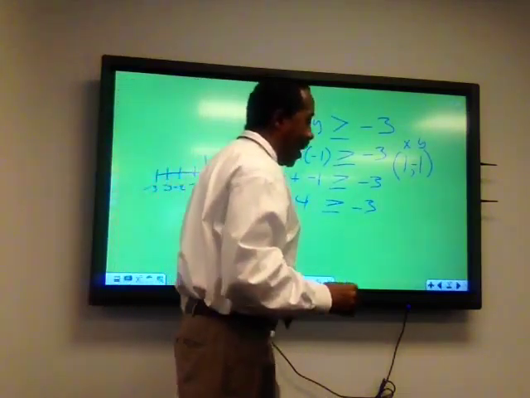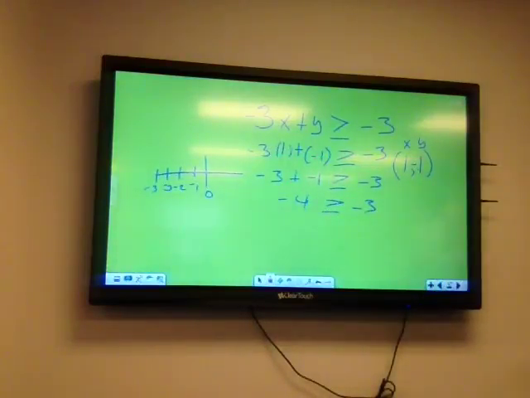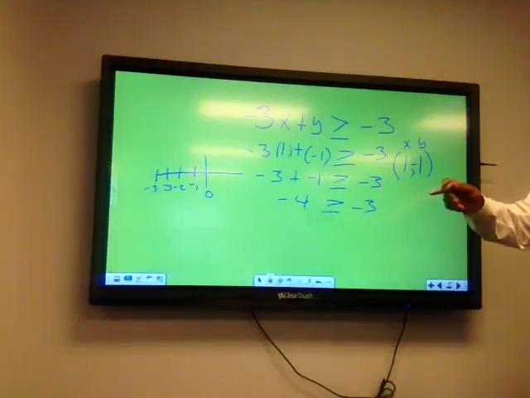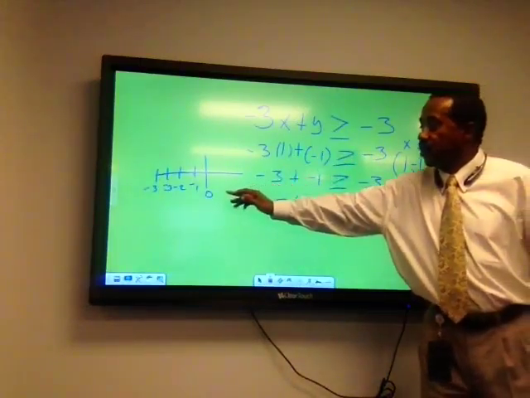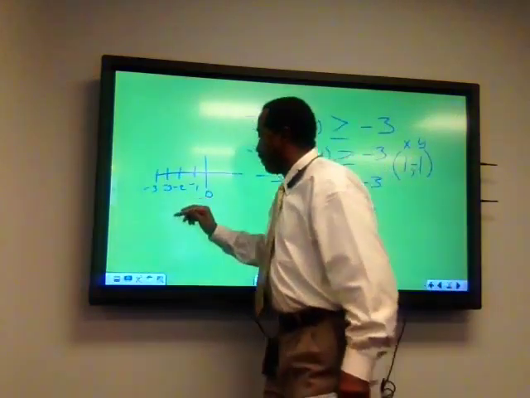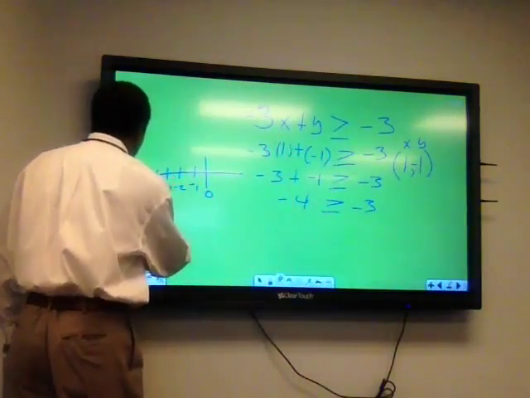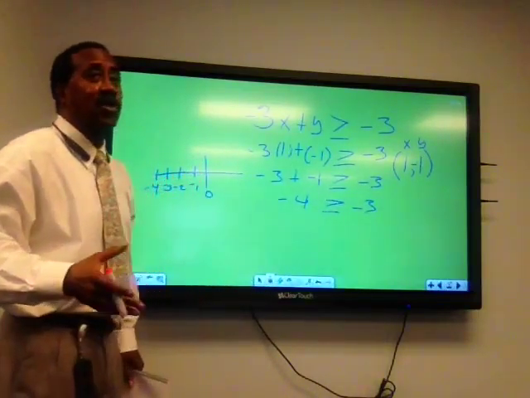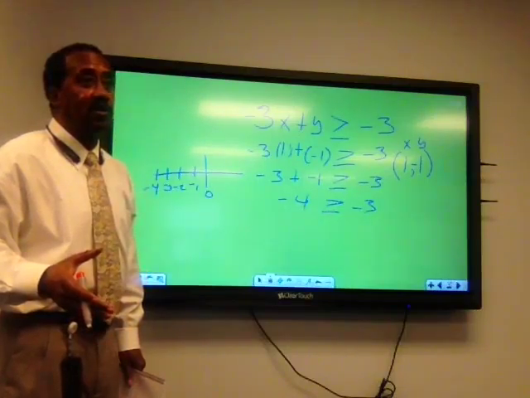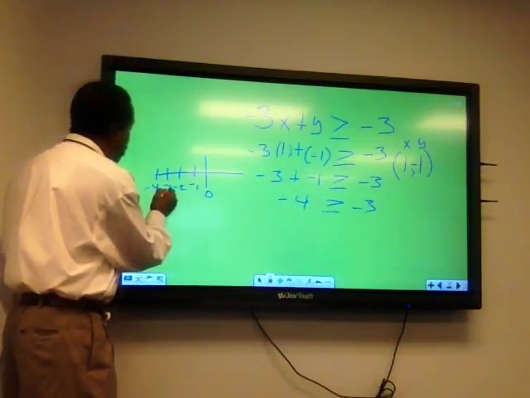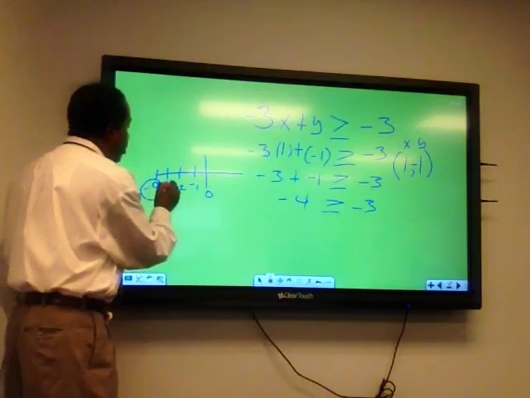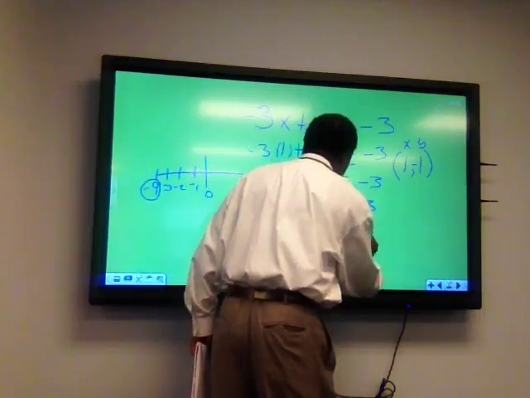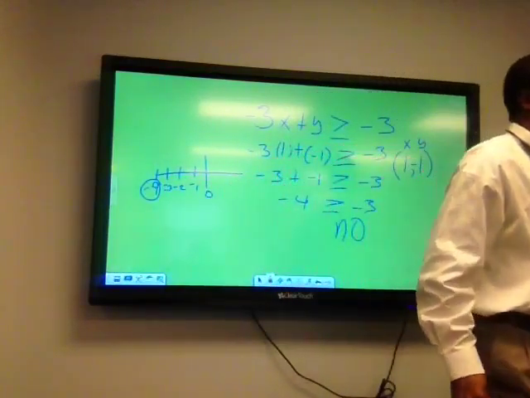We're trying to figure out, of negative 3 and negative 4, which one is closer to 0. Negative 3. Because on the left side of 0, as the number gets smaller, it actually gets larger in value. So negative 4 is not larger, not closer to 0 than negative 3. So our answer to this problem is, it won't be in the solution.